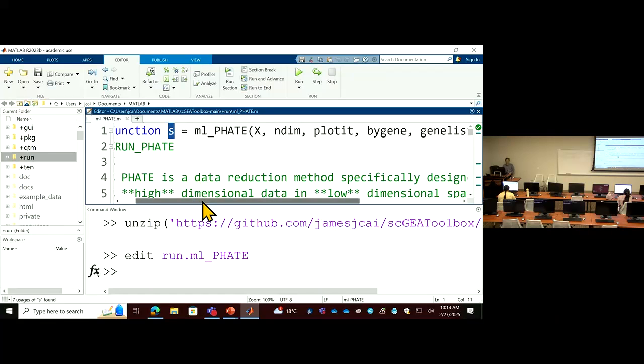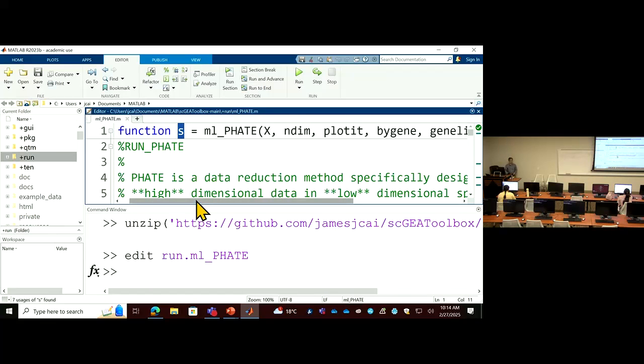The S is your output, that's embedding the position of your cell after the computing, where the computer gave each cell a position in 3D or 2D. So you use this number of dimensions to decide whether you want the output to be 2D or 3D.